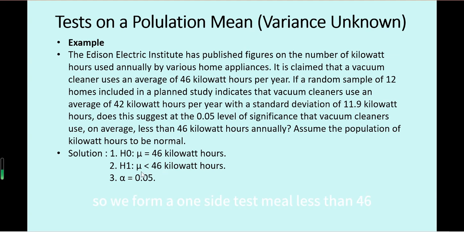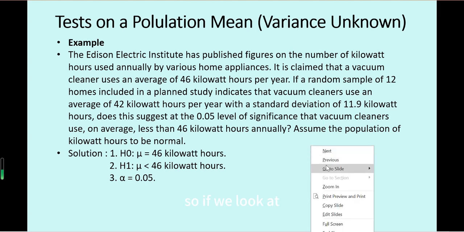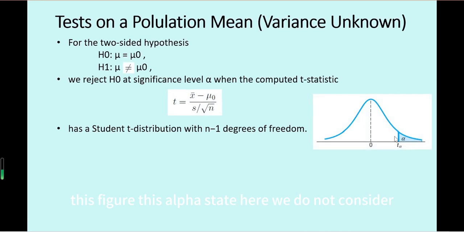So we form a one-sided test with the alternative mu less than 46, and the significance level alpha is 0.05. If we look at this figure, this alpha is here. We do not consider the other side, the positive side.